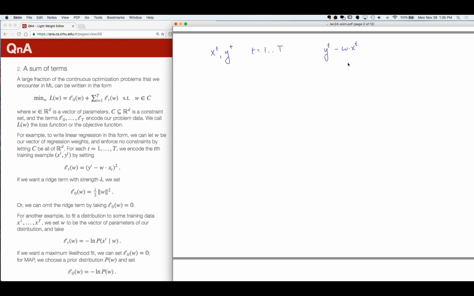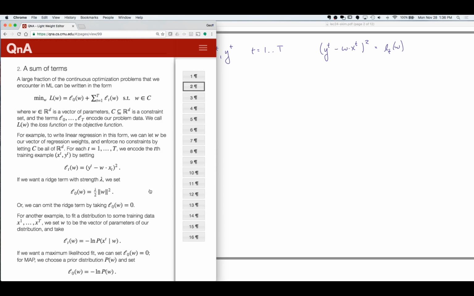We would like to minimize the squared error over all training examples, and so we set little lt of W to be that. Notice that little lt has xt and yt baked into it. They are hidden in the notation, but they remain inside that little loss function. Then similarly, to get a ridge term, we could set L0 to be the ridge parameter times half the squared norm of W, or we could omit the ridge term by setting the first loss term to be 0.